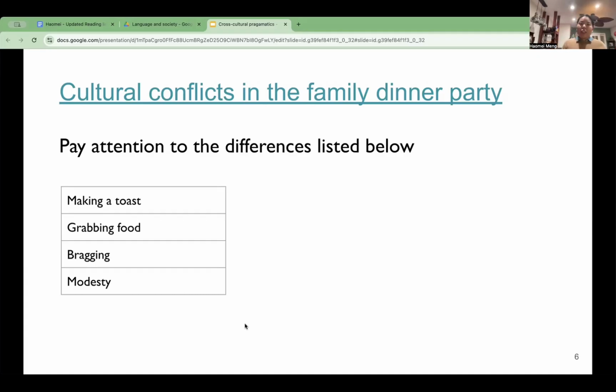But the American man took all those words literally, and indeed he did offer some improvement tips, suggestions, and poured the soy sauce over the fish. That's quite unexpected in Chinese culture, and that's the reason why the man beside him was shocked.